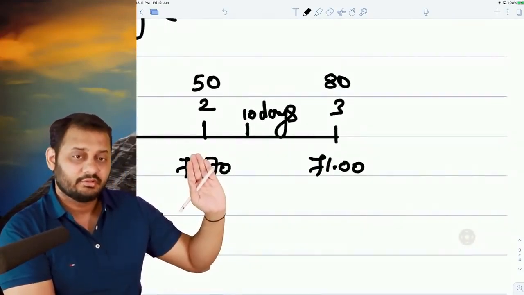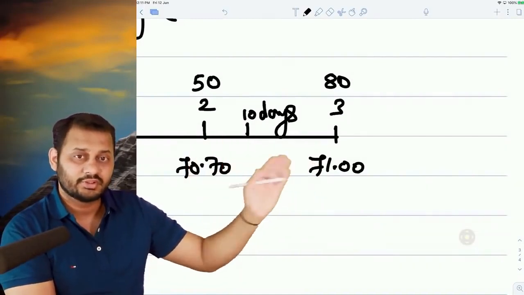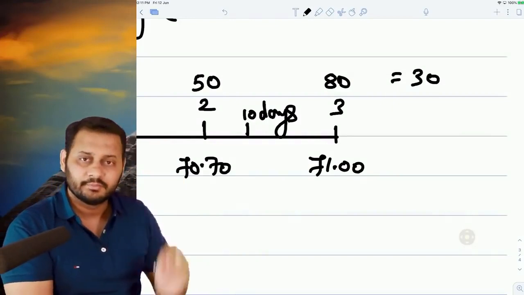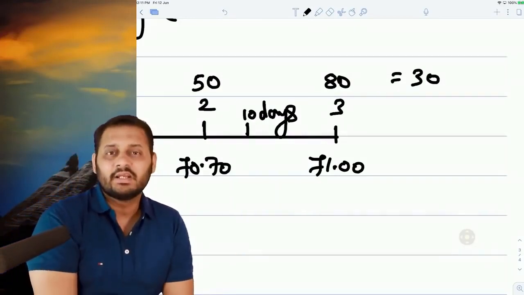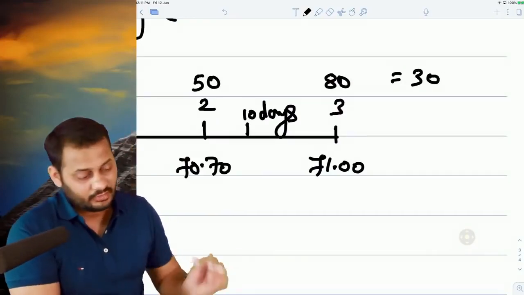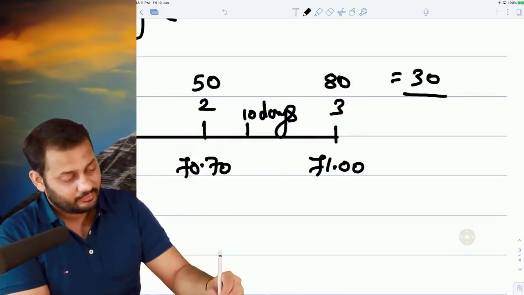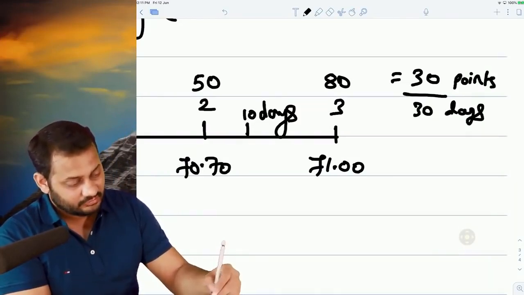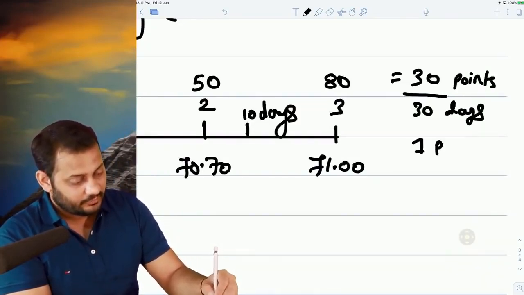For shifting from 2 months to 3 months, you can see the bank has added 30 more points, right? These 30 more points have been added for 1 month. That is 30 days. So can I say that 30 points divided by 30 days becomes 1 point per day?